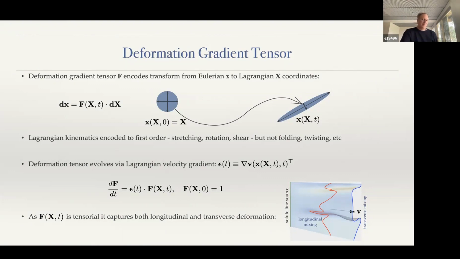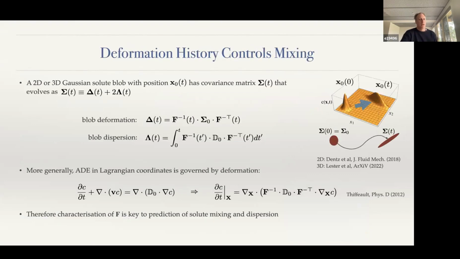Because the deformation tensor is tensorial, it has the ability then to capture both longitudinal and transverse deformation. So its tensorial nature already fulfills one of the requirements that we need for this framework. And we can see here now that the history of that deformation tensor directly controls mixing.